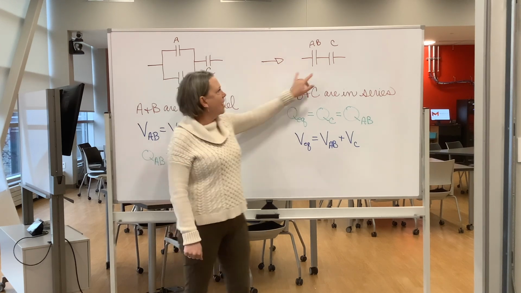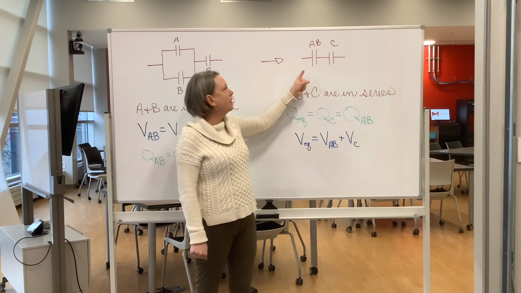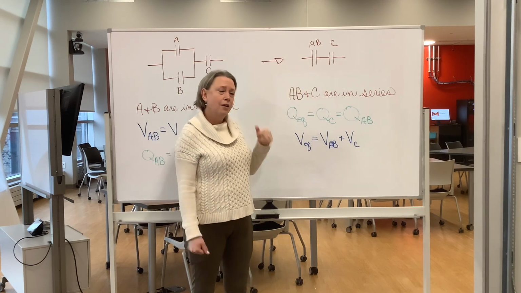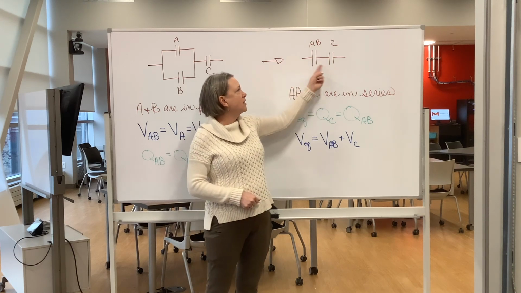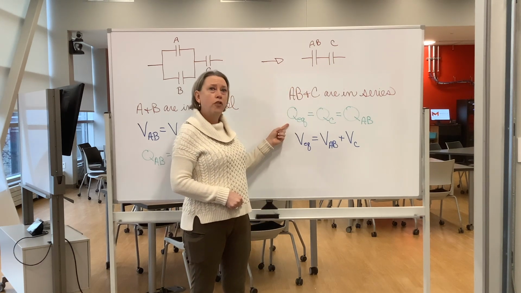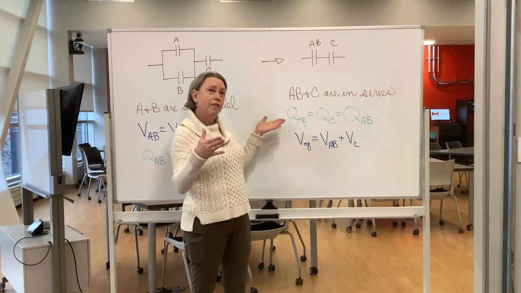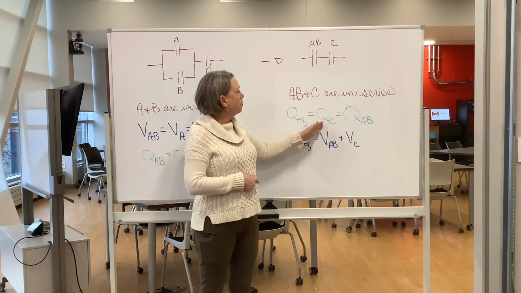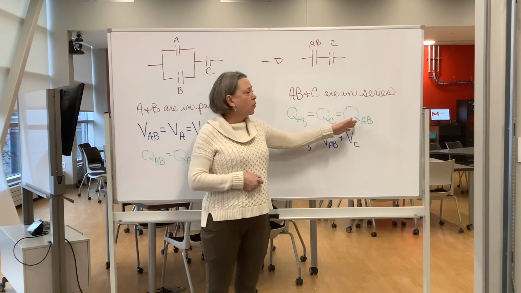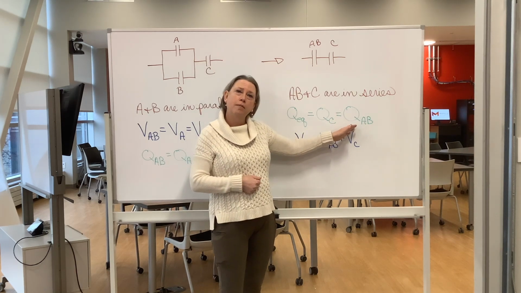If I'm looking at this picture, A and B being in series with C, the rules from the previous side of my board say the charge is the same. So the charge on the whole thing, the equivalent, or we could also say on this branch, is going to be the charge on C, is going to be the charge on AB.